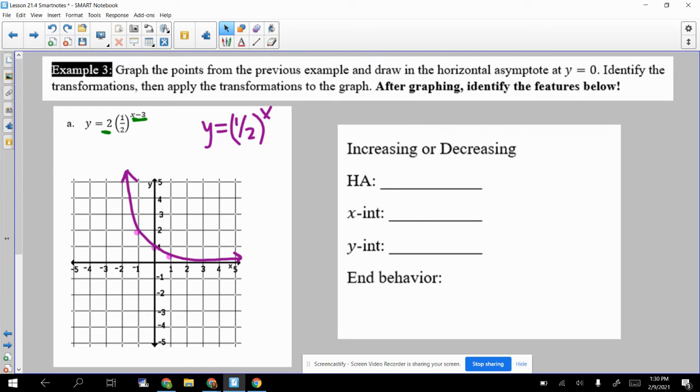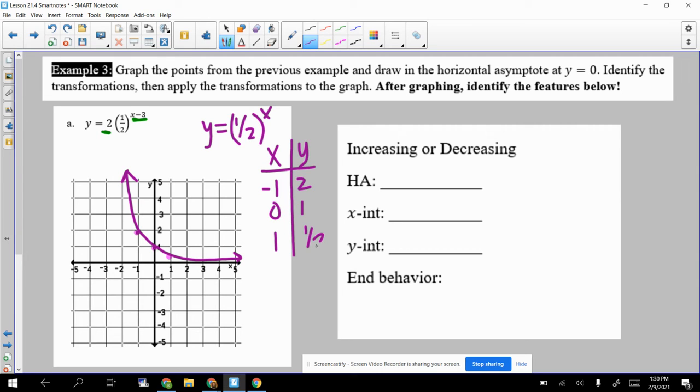Okay. So what we want to do now is, remember that table we had? So it was -1, 2, that's this point here. Then it was 0, 1, that's this point here. And then it was +1, 1/2. That's this point here, okay?